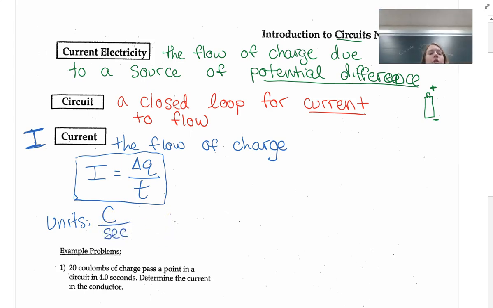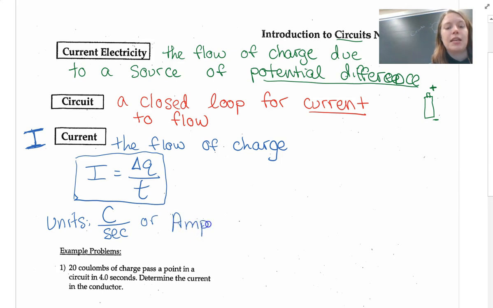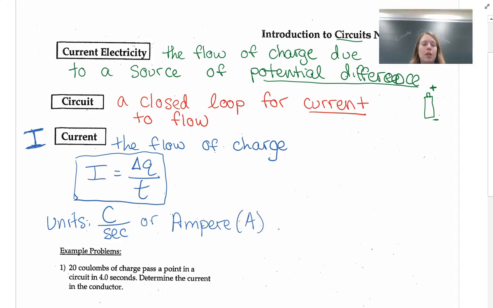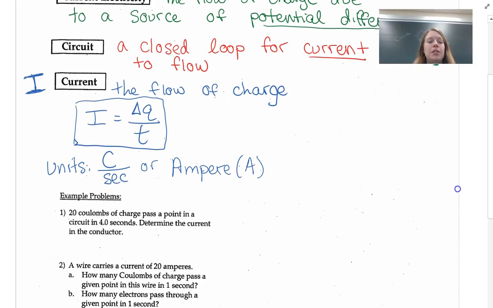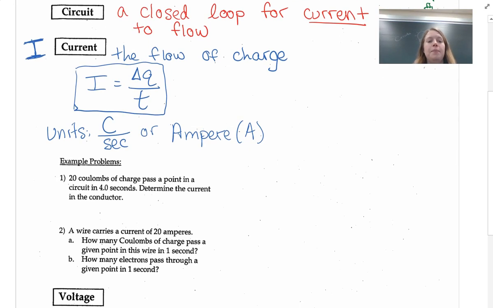So it's a coulomb per second in its most base units, and that's a really useful unit to remember when you're thinking about current, flow of charge, coulomb per second. But we're also going to see that folks chose to call this the ampere, or the amp, or capital A in short.